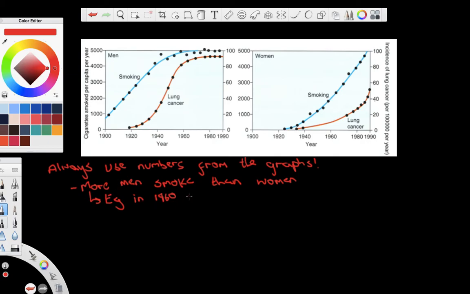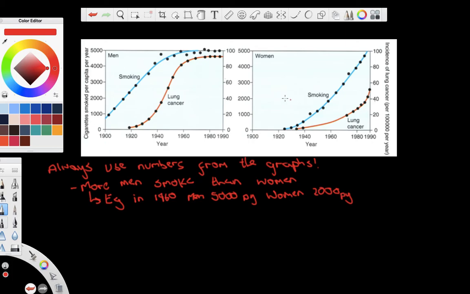So for 1960, we can put men, 5,000 per year, and women, very roughly, about 2,000 per year. So there was double the amount smoked in 1960 among men than among women.